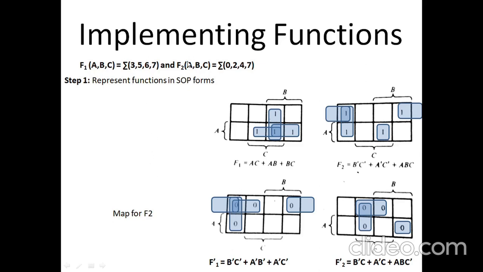So for these two Boolean functions f1 and f2, we have represented them and their complemented forms in the sum of product form. So now we can analyze whether we should go with considering f1 and f2 in the normal form for calculating the set of product terms, or in the complemented form, or we can also follow a hybrid approach where one function is in the normal form and the other function is in the complemented form.